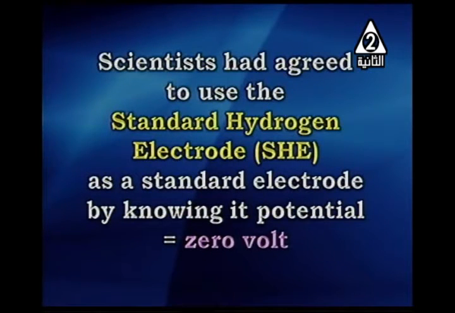Here I need the potential. What is meant by potential, or potential difference here? It means the amount of electric energy that is produced from the two halves of the cell.